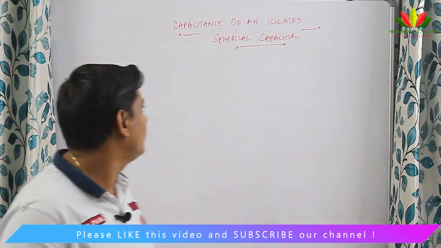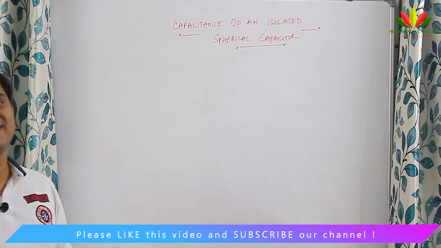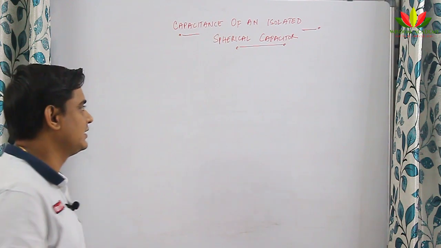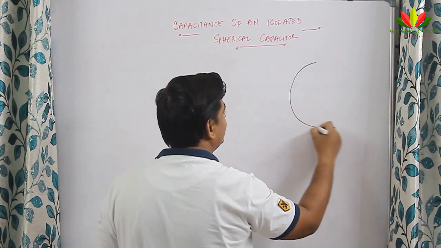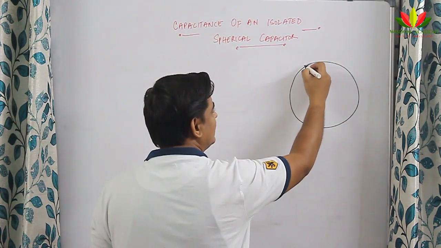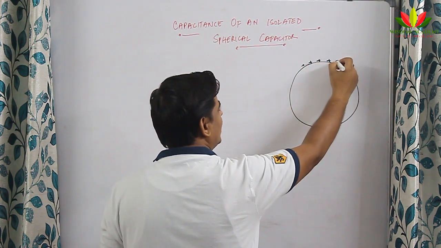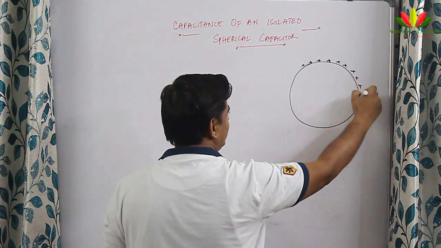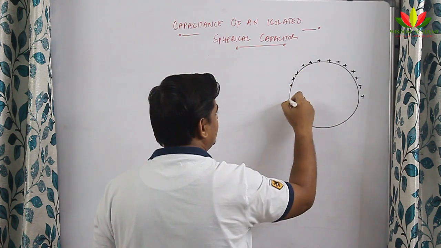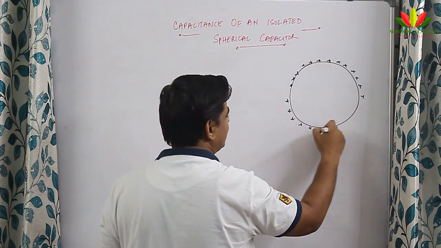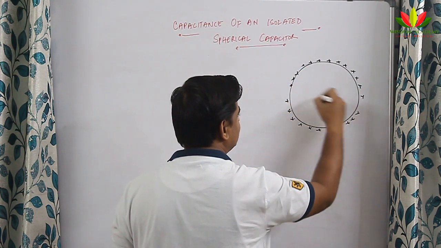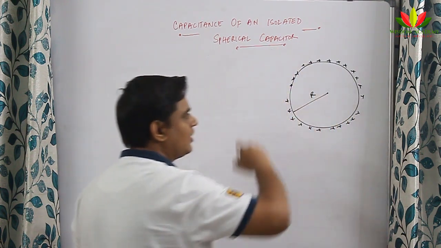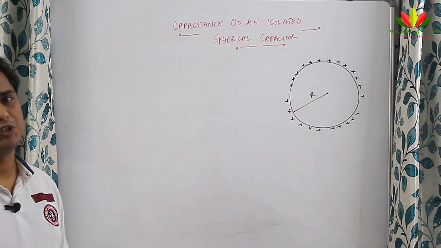Now let us see what is the capacitance of an isolated spherical capacitor or conductor. Suppose I have an isolated spherical capacitor which has uniform charge distribution. It can be positive or negative, anything which you want. Let this capacitor have a radius R. Now what would be its potential?